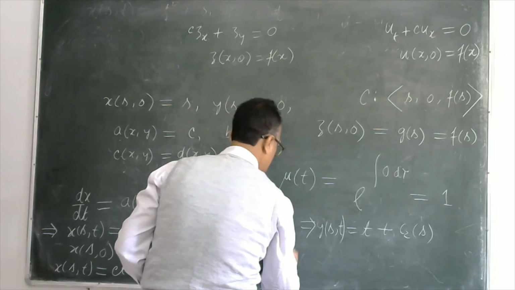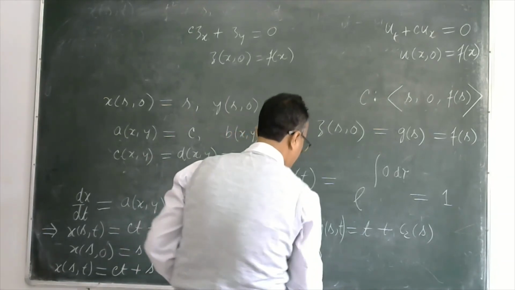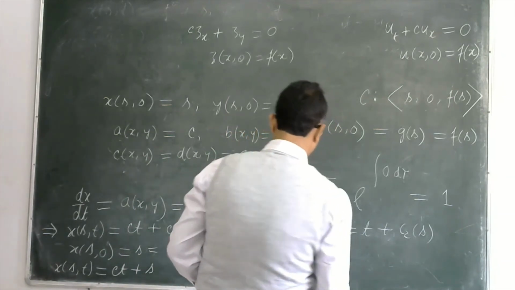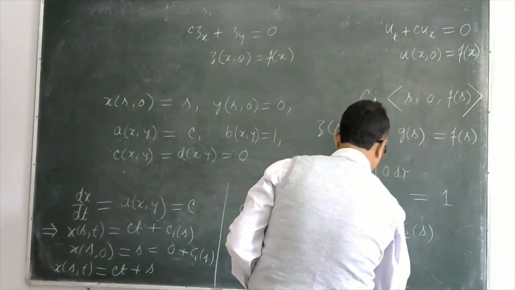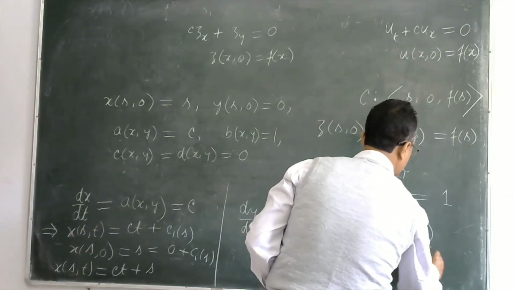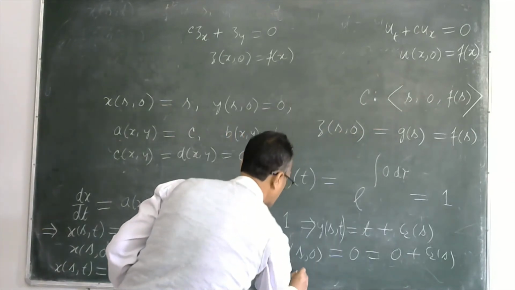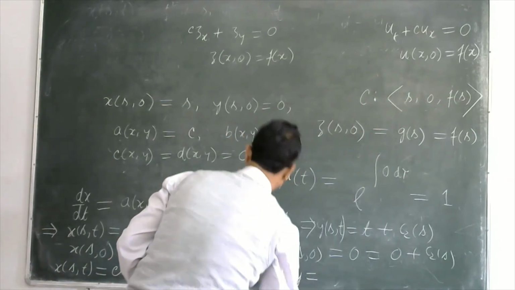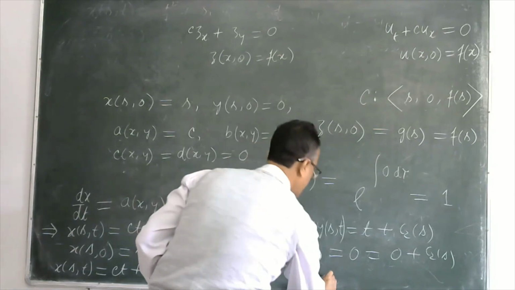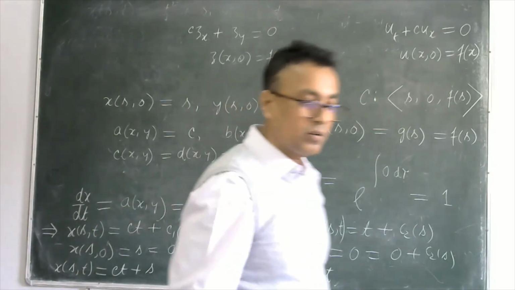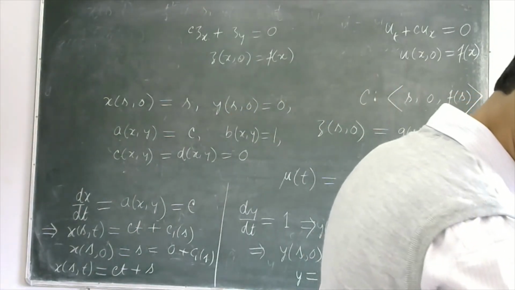So y(s,0) is equal to 0, which is 0 plus c2(s). So c2(s) is simply 0, therefore y is simply t.